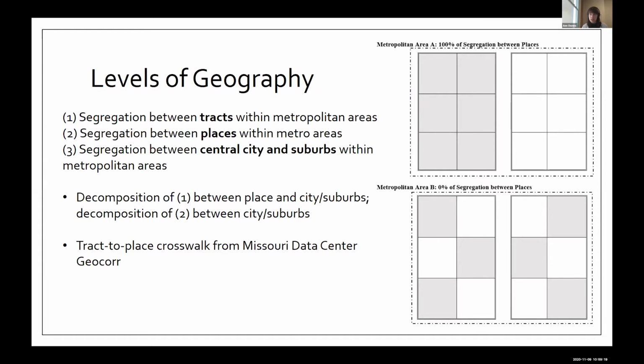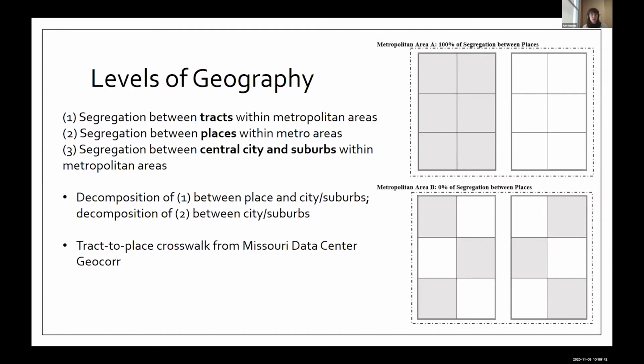And to illustrate this, the figure on the right shows 2 metropolitan areas. So these are represented by these dashed lines. Each metro area has 12 neighborhoods of equal population, and those are these boxes. And then each metro also has 2 equally sized places. So think about it as like a city or a town, and those are kind of these rectangles.